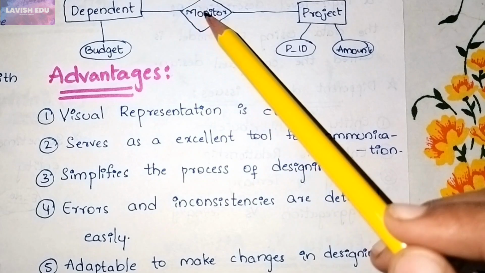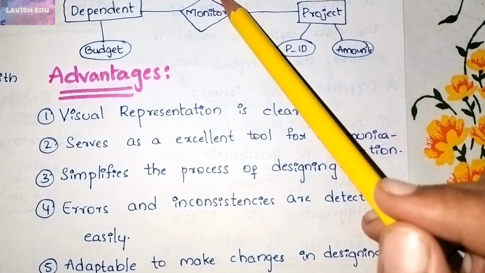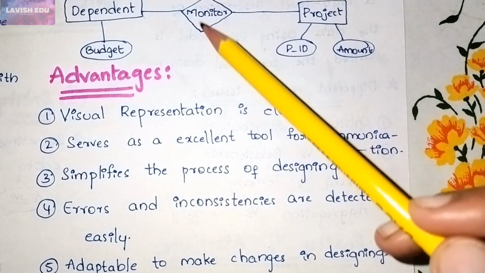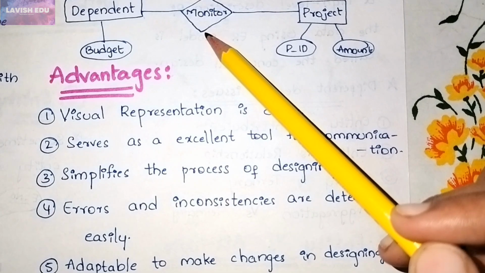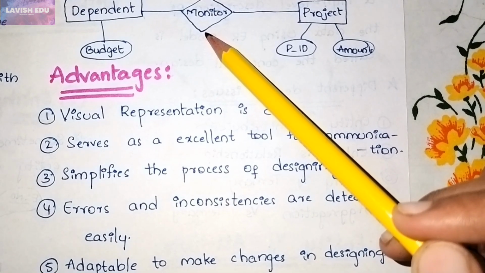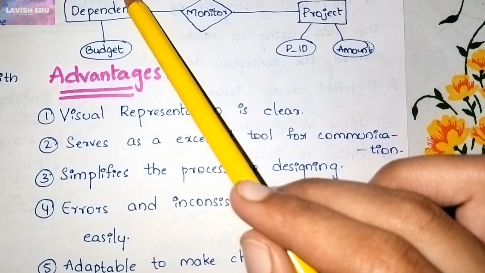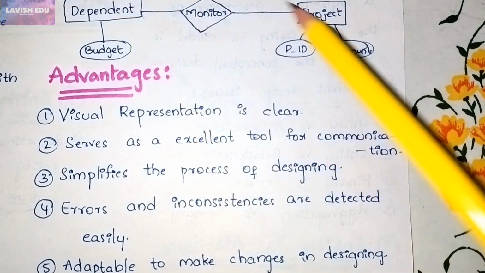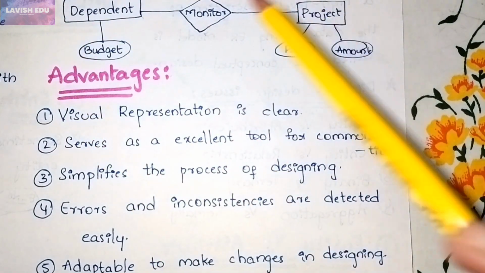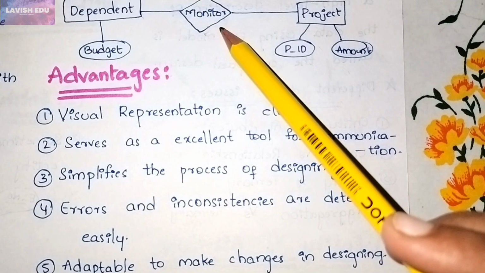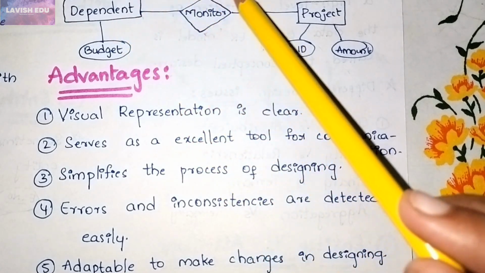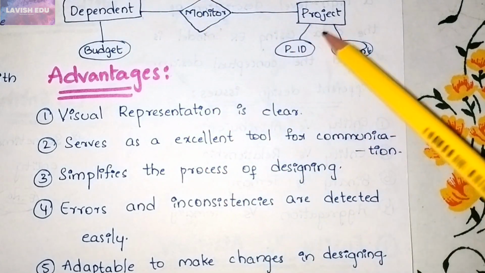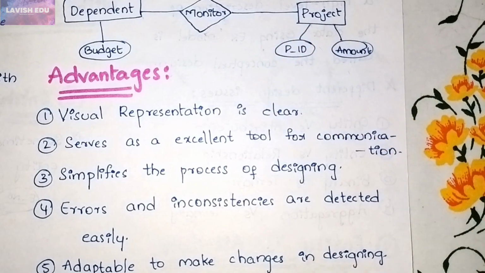In the example, dependent, monitor, project and employee are the three entities, and monitor is a relationship between them. And here aggregation, that is, a discriminator is present, as we can see here, and these entities are represented with a relationship monitor. And as there are three entities, a ternary relationship is formed at last.